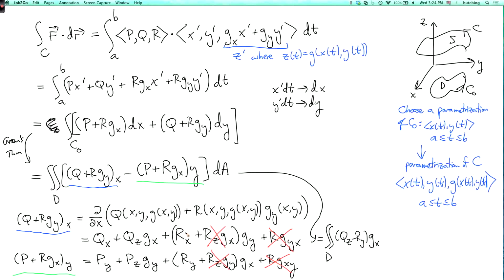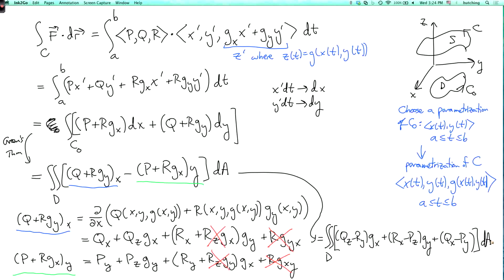I have a r_x minus p_z. And then I have q_x minus p_y. But there are only 6 terms left alive in here, so I've got them all. So that's what I get.